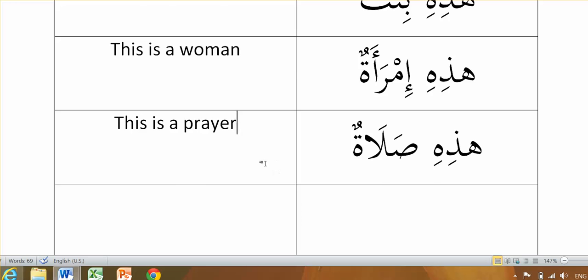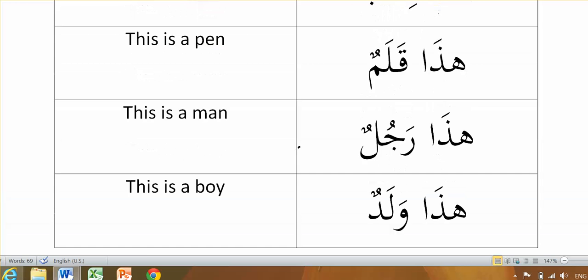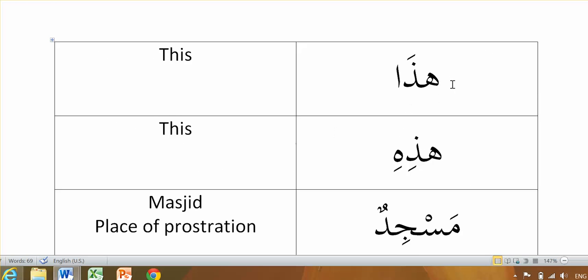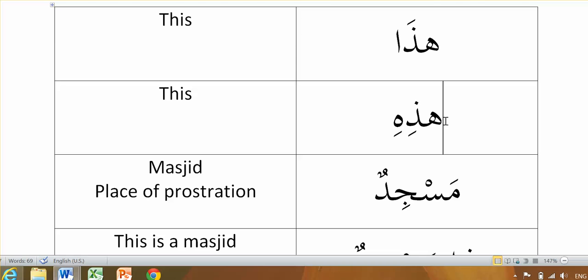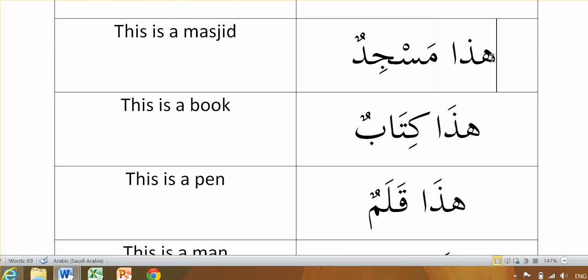So let's go over this again quickly. We have these two words. هذا means this. هذه means this. Then we have the word masjid, which means masjid, or a place of prostration. هذا مسجد.